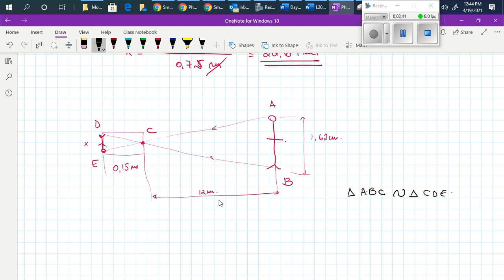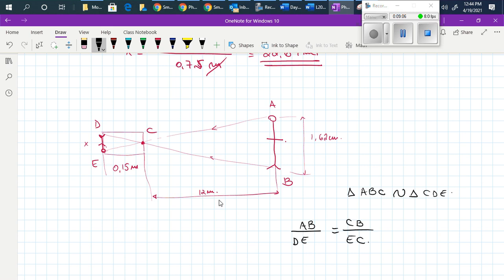In that case, the ratio AB over DE is the same as AC, AB is to CB, and EC.